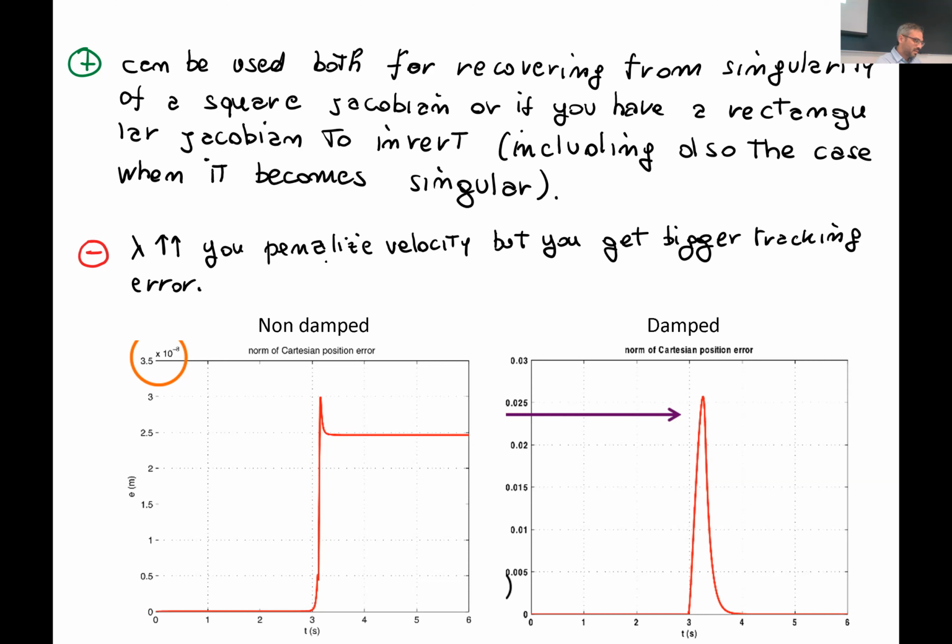But you see that in the non-damped case, the Cartesian error is very small, while in the damped case it goes a little bit bigger. It's going to 2.5 centimeters.